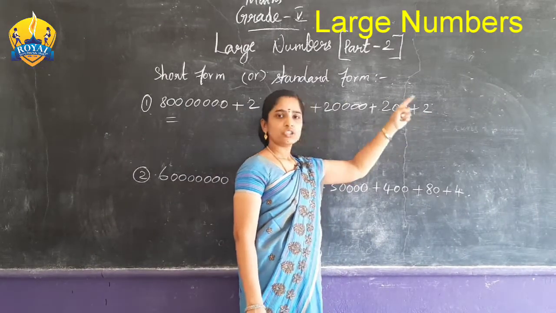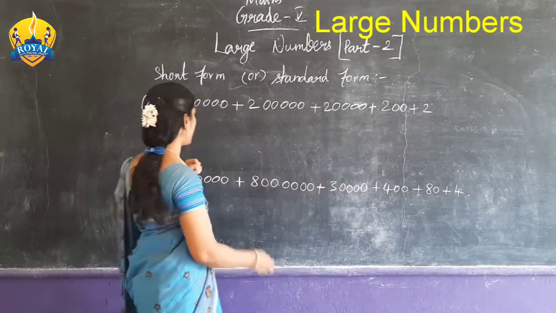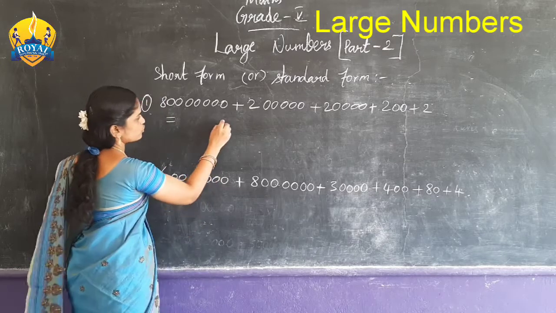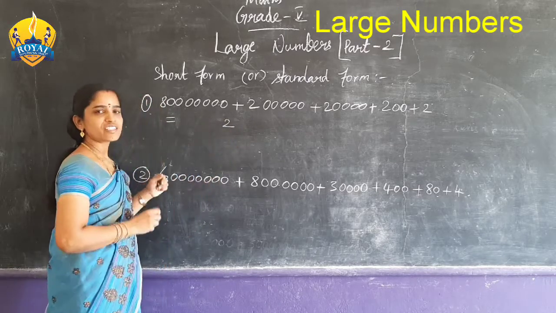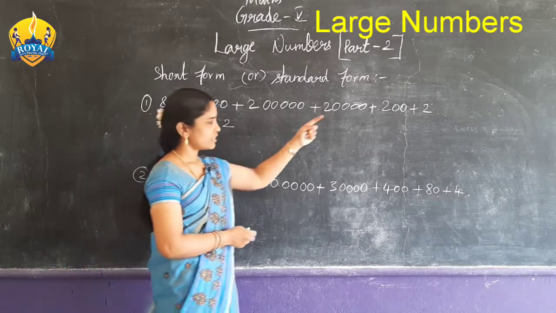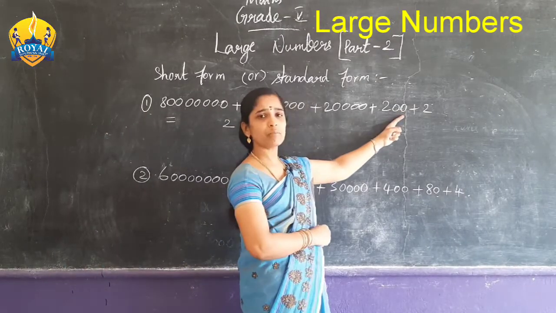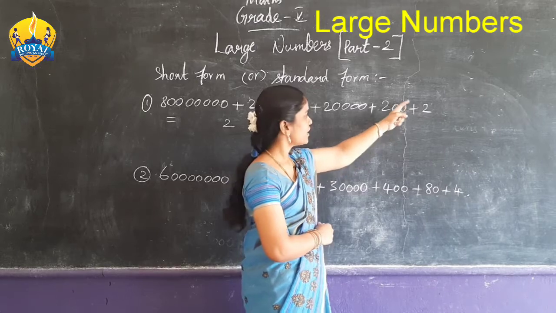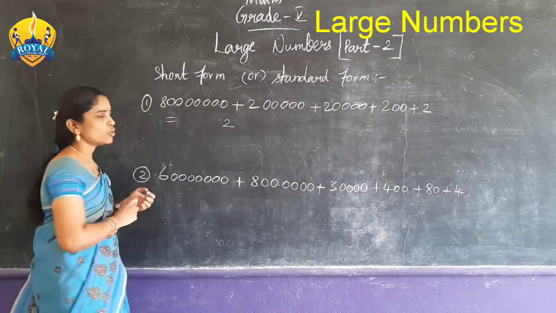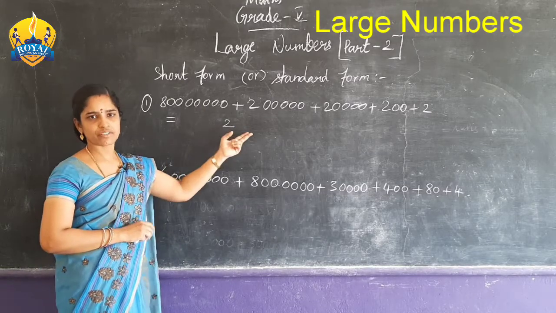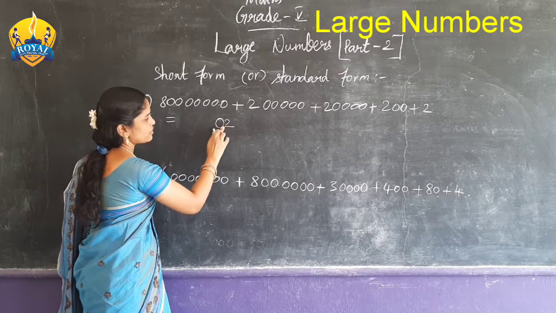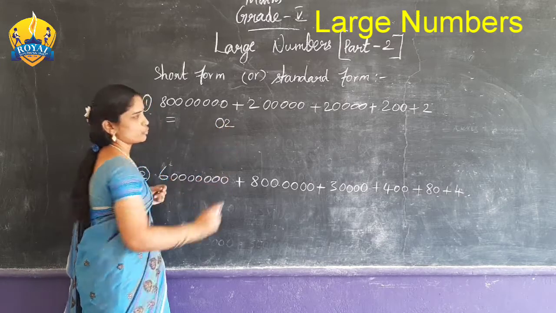Listen, 2 is in the ones place. What is the number in the ones place? 2. So first we write the number 2. Next, what is the number in the tens place? There is no number in the tens place, so we put 0.